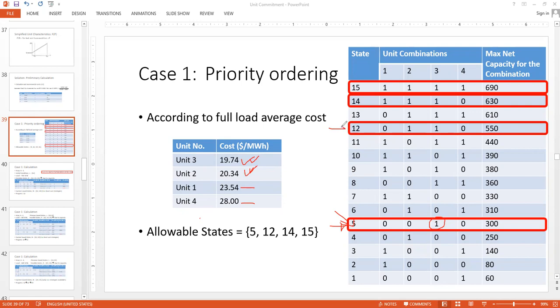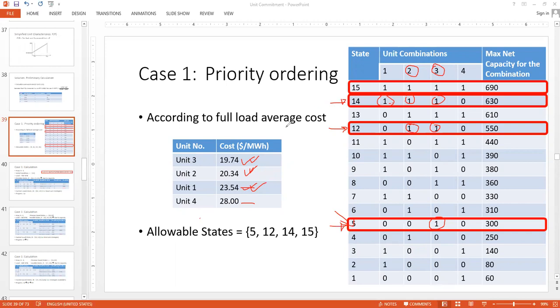So that is combination number 12. The next one would be units 3, 2 and 1 on, whereas unit 4 is off. So 2, 3 and 1 are on, unit 4 is off, and that is state number 14.